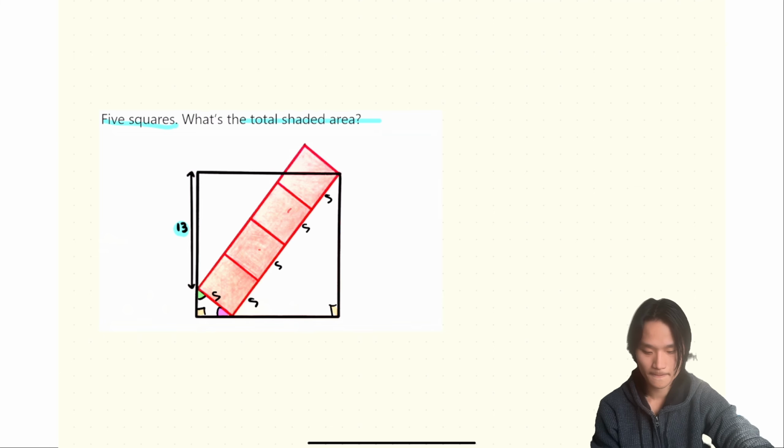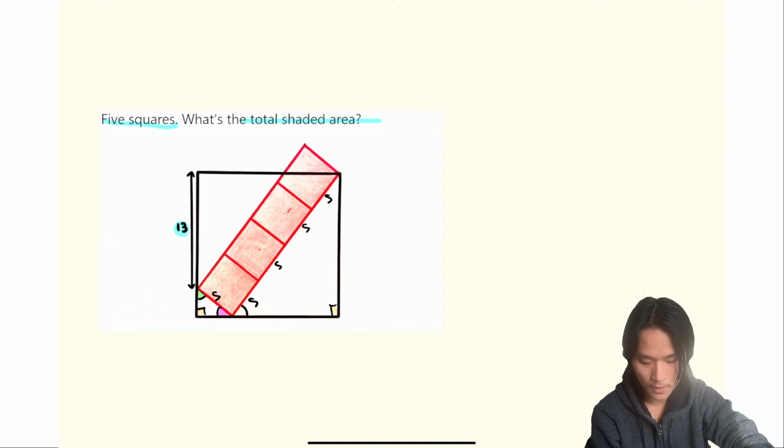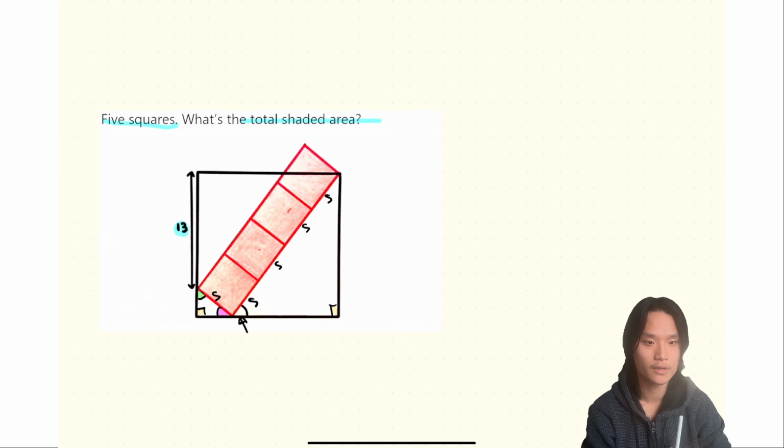And then the important next step is to figure out what this angle in the bigger triangle is right here. We know on a straight line, the angle sum is 180 degrees, and the angle sum of a triangle is 180 degrees.